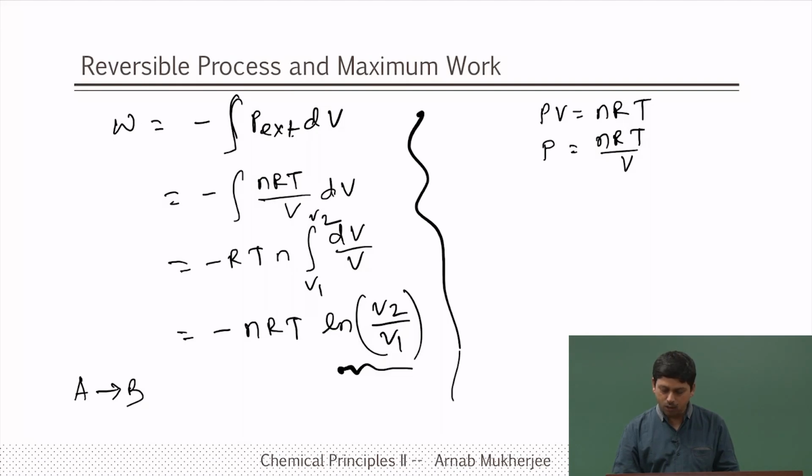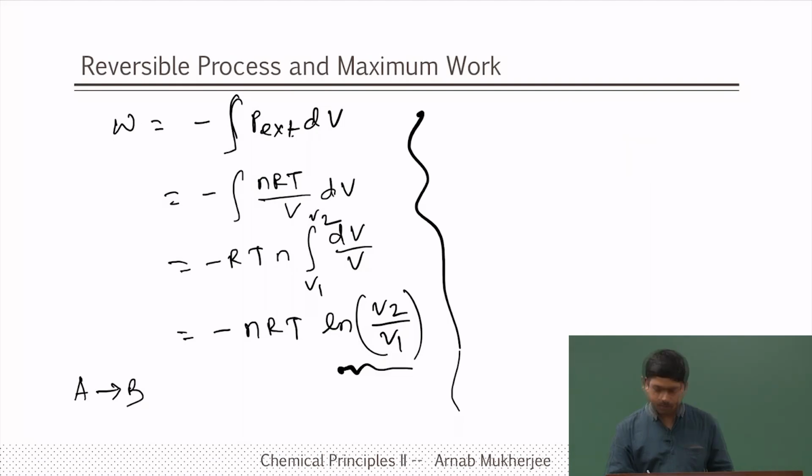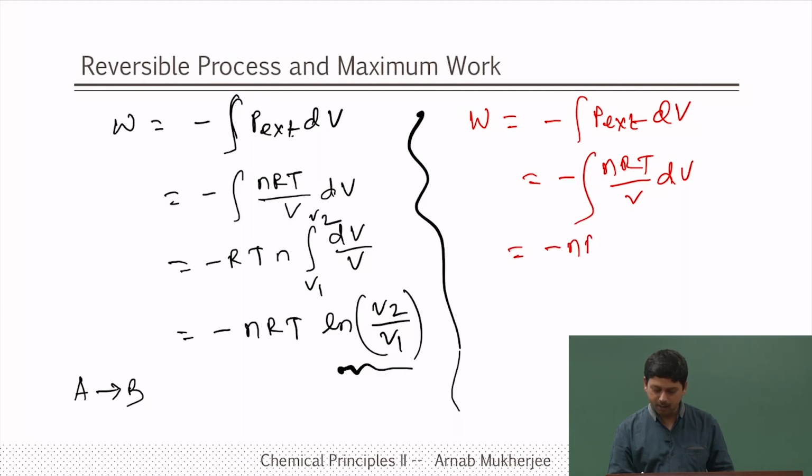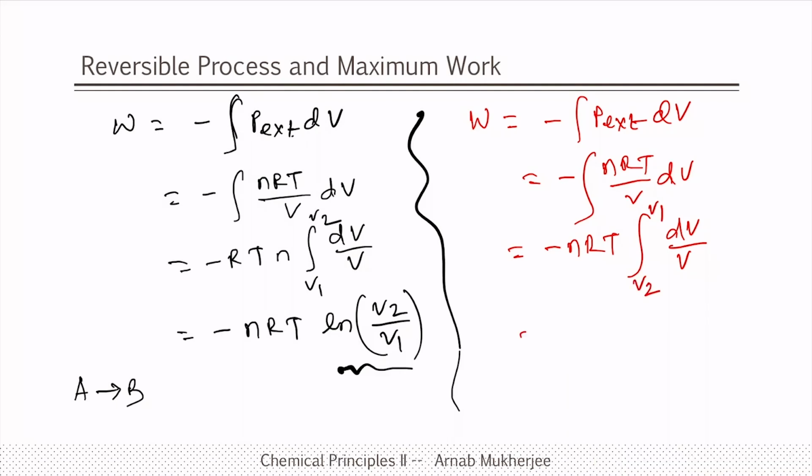Now, let us see what is going to happen when you do the reverse one. Then you write the same thing, P external dV, that is nRT by V dV, so minus nRT dV by V. Now, you are going from V2 to V1, so minus nRT ln V1 by V2.